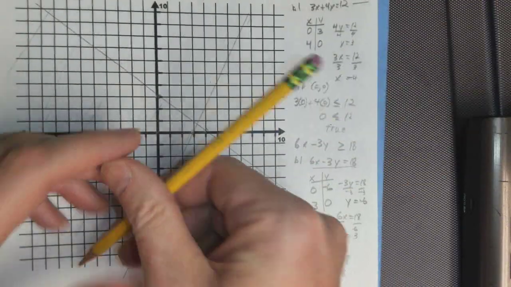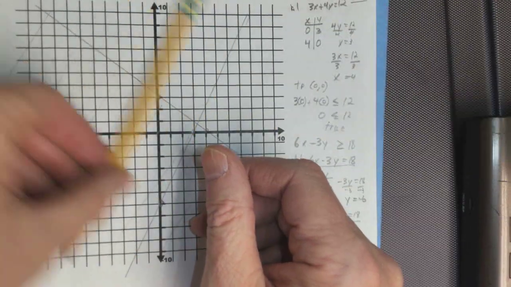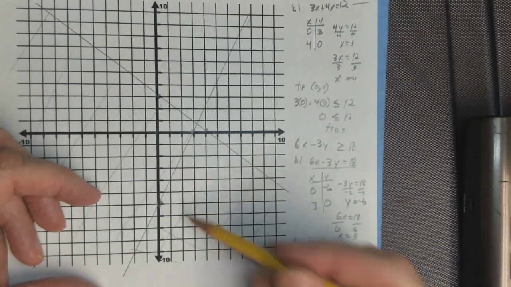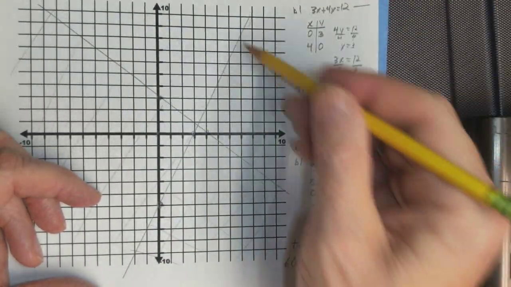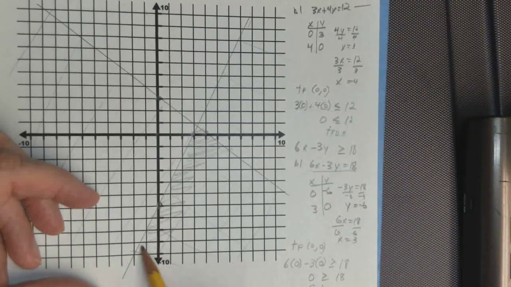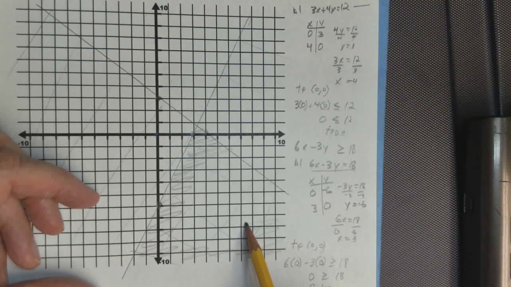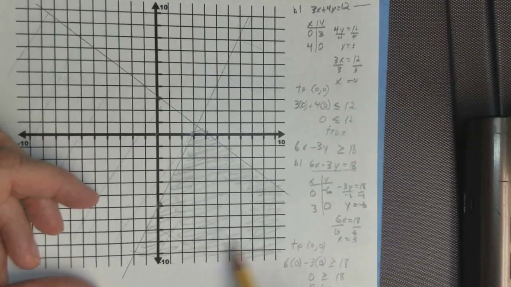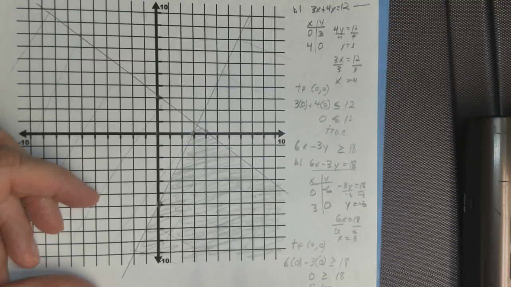Okay, the false side is this side of the line. The true side is this side of the line. So let's shade the true side of the line and heavy shade the parts that got hit twice. This is the fun part.